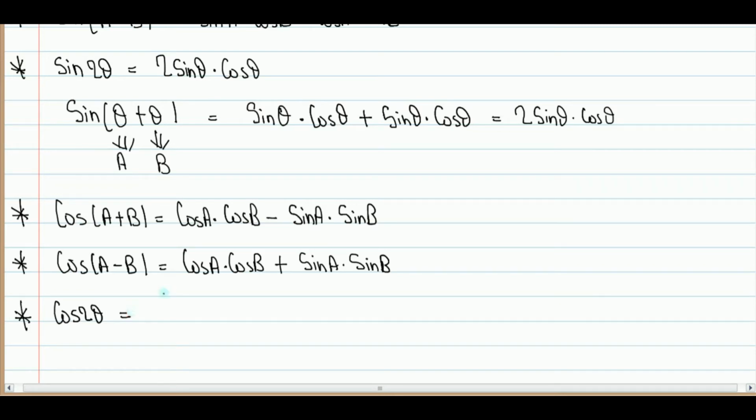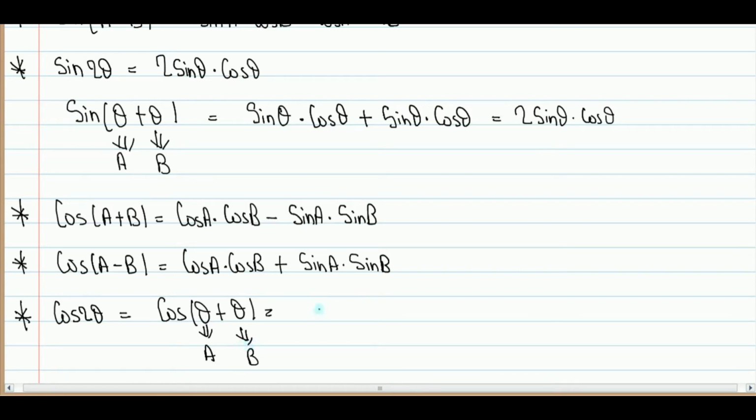So how are we going to proceed? We can write cos 2 theta as cos theta plus theta. Is it fine? This theta we can consider as a, this theta we can consider as b. Similarly, we have done it in sine 2 theta.